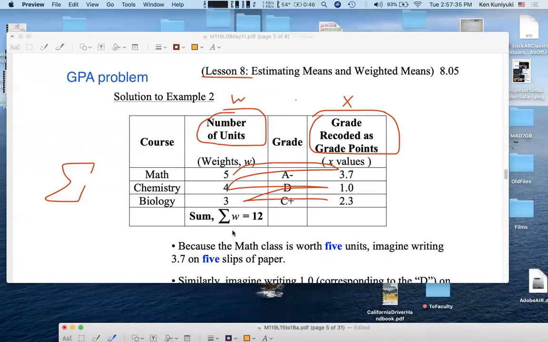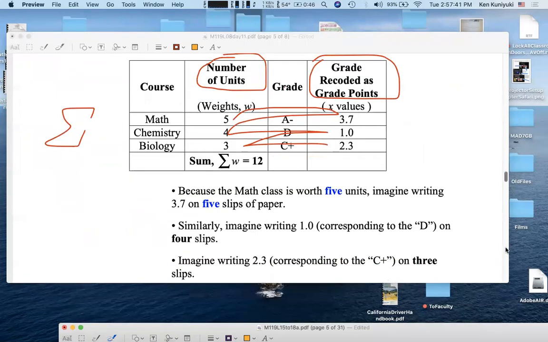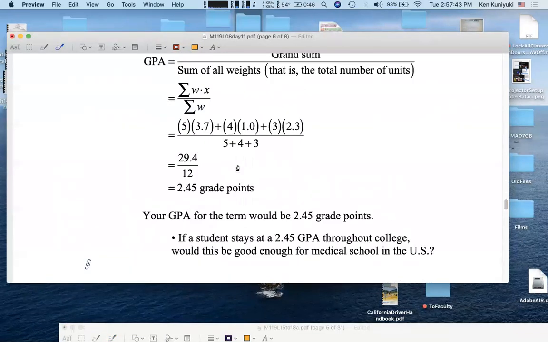And then we divided by the sum of the weights, that is the total number of units taken by this student, in this case 12 units, and we computed the GPA.